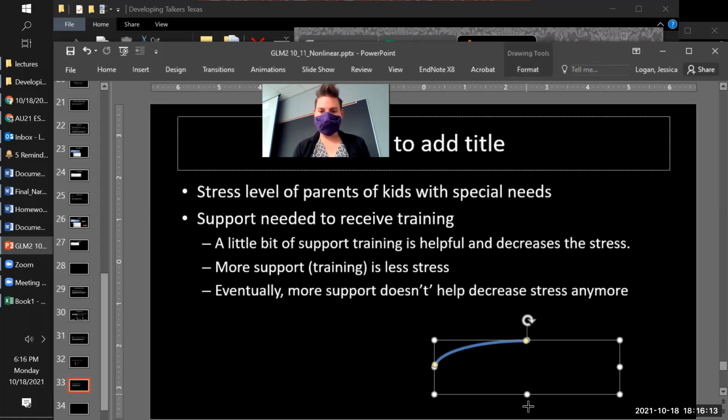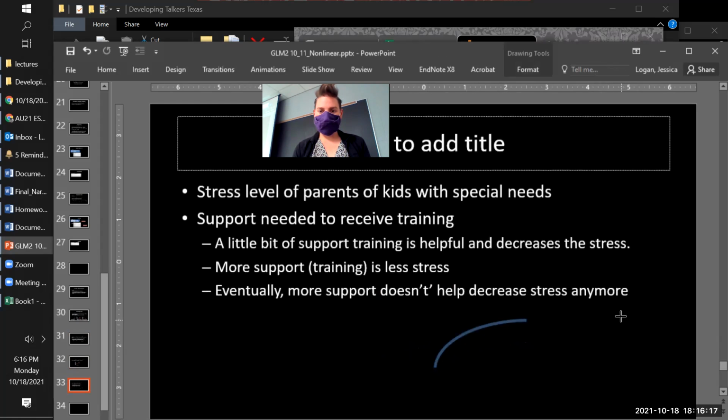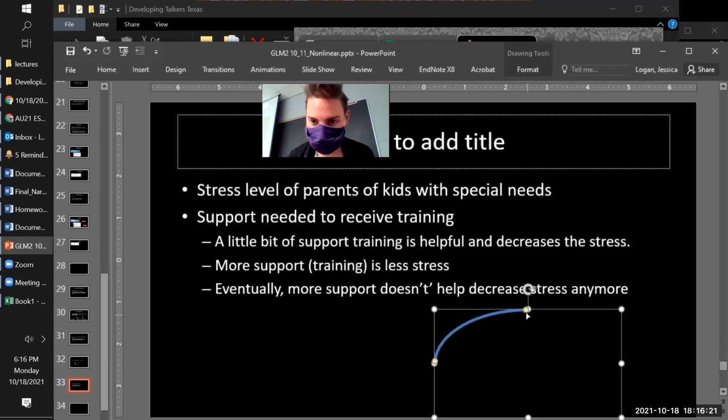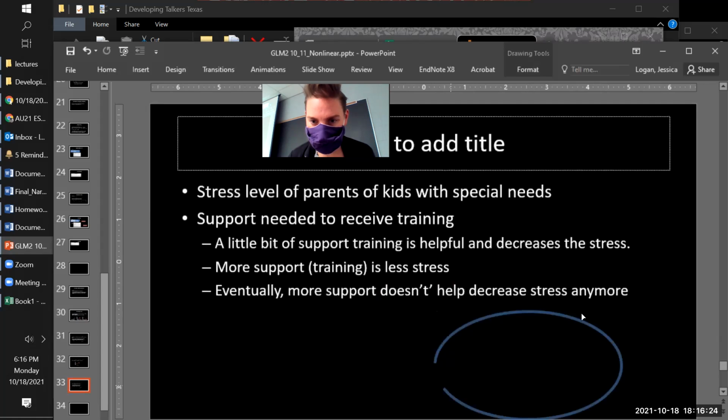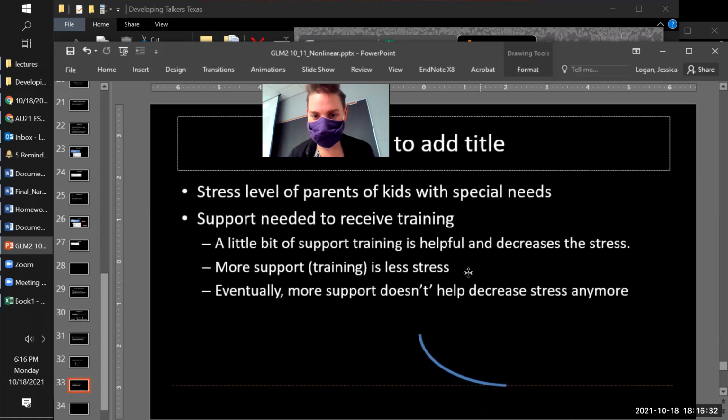Kind of like that. Isn't it the negative increase in stress? Oh, decreasing. Ugh. Just full circle. Less stress, all the stress. Like that.